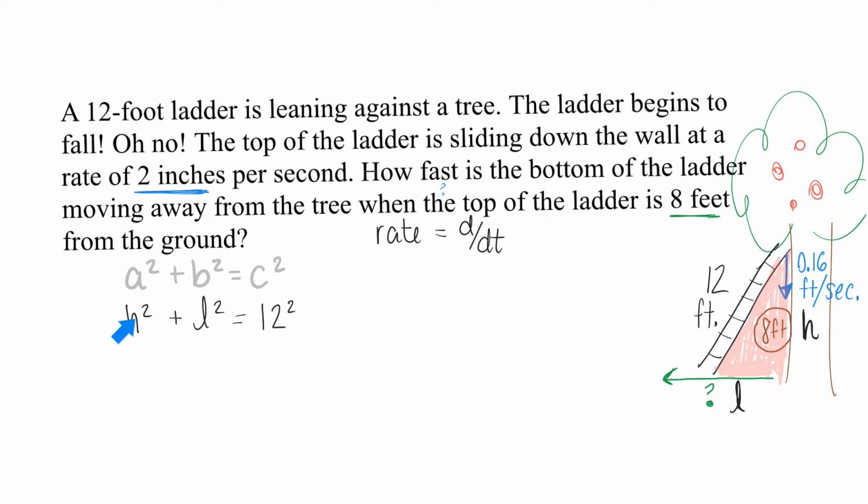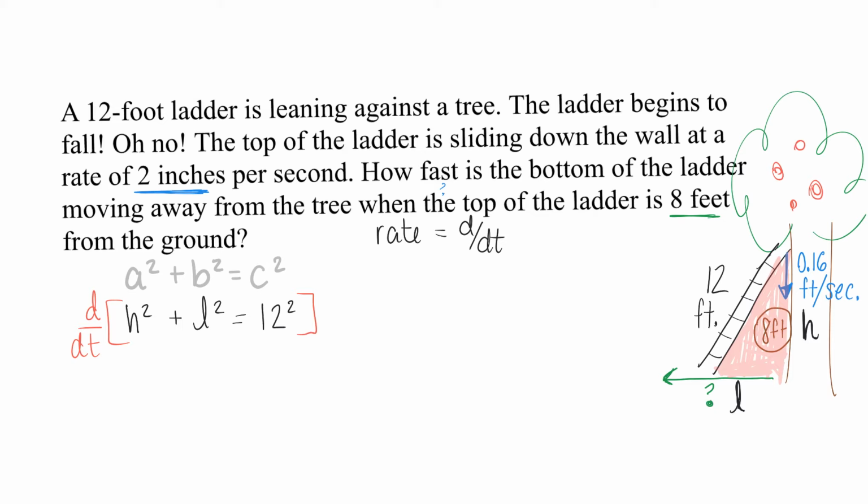We need the derivative of h with respect to time, and we need the derivative of length with respect to time. So we're going to take this whole thing and use implicit differentiation to take the derivative with respect to time. Okay? So we're going to take the derivative of h squared with respect to time.